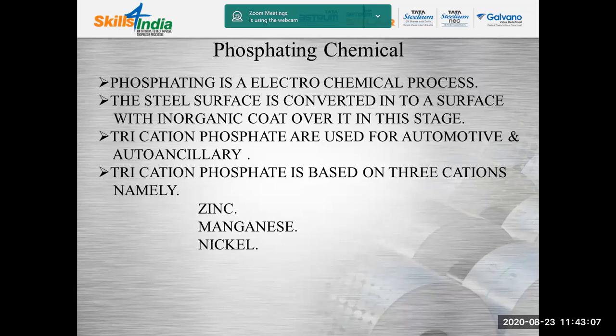Then the phosphating chemical. Phosphating is an electrochemical process. The steel surface is converted into a surface with an inorganic coat over it in this stage.